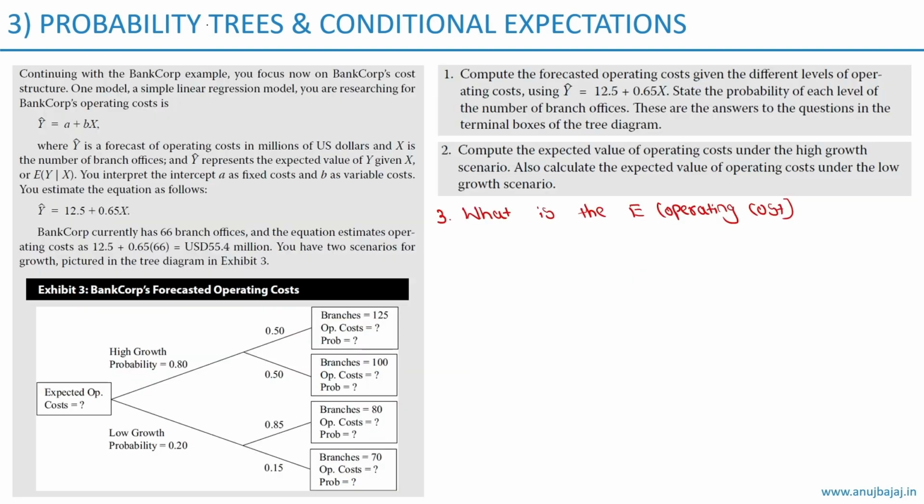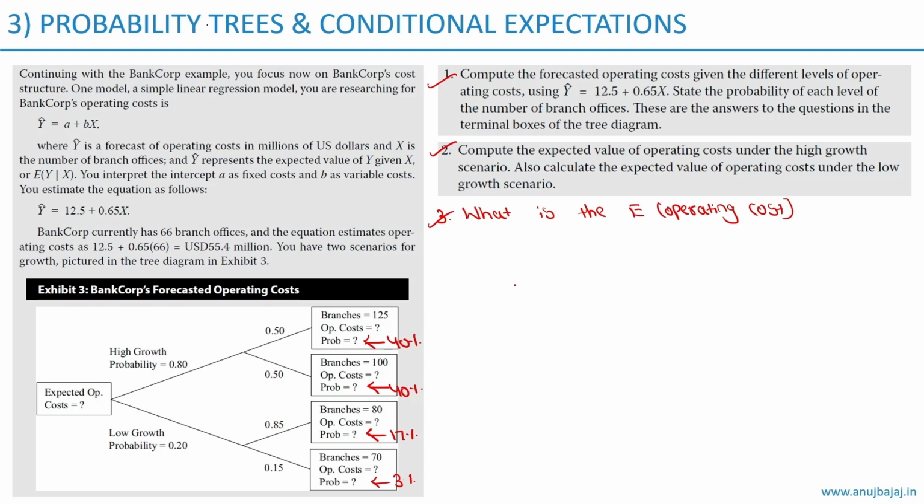Second example. I want you to solve this example and these are the 3 questions. So yes, if you have done all the 3 questions, these are the answers. The answer to question 1 is: this is 40%, this is 40%, this is 17% and 3% each.